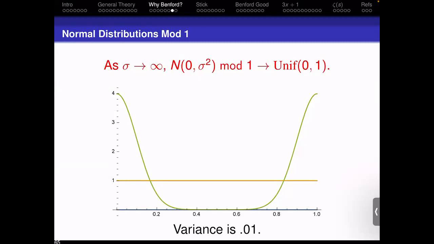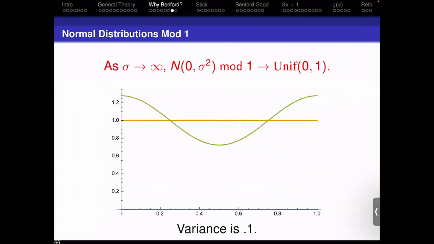So if I have a variance of 0.01, this is very far from being the uniform distribution. I've got the uniform distribution in some kind of orangey gold. But if I increase the variance to be 0.1, it's not that far off now from uniformly distributed.